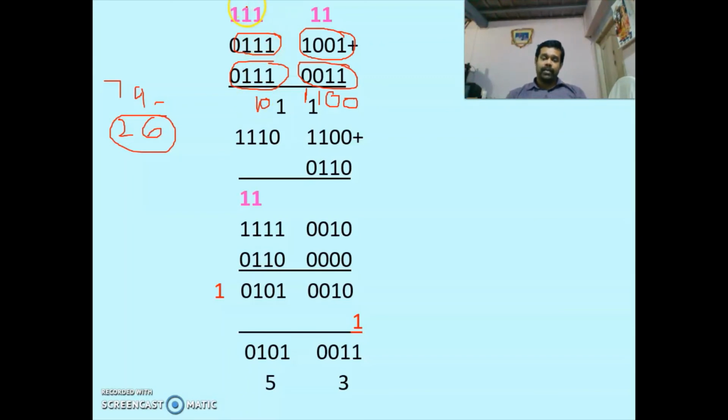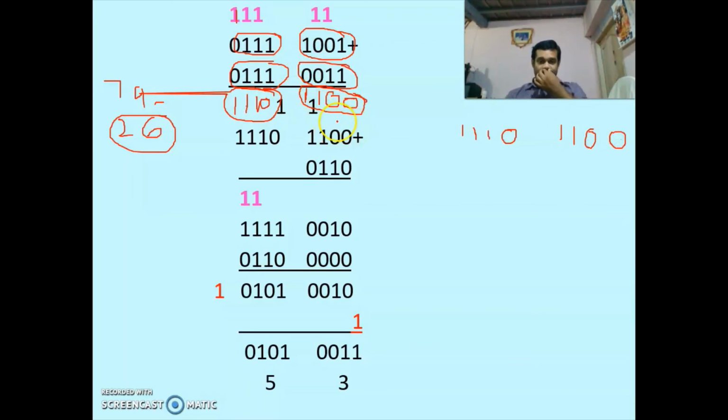So again we are writing this 1 here, so carry 1 here, so 1 plus 1 plus 1, so 11. Again we are writing the carry here, so you'll be getting 1. So the sum you are getting here is 1110 and here 1100.